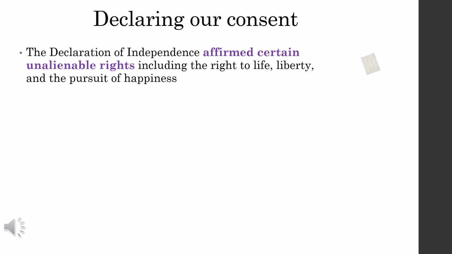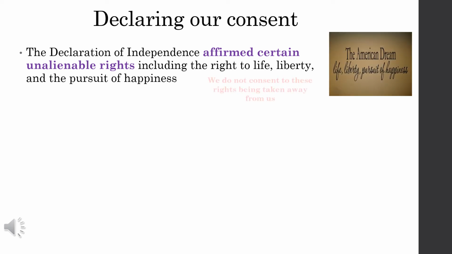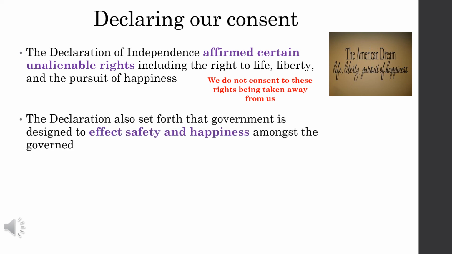We call that the American dream, and we specifically say we do not consent to these rights being taken away from us. But the Declaration also set forth that government is designed to affect safety and happiness amongst the governed. In other words, we consent to being ruled by a government that works for us and not against us. And you will see this consent show itself throughout American history.